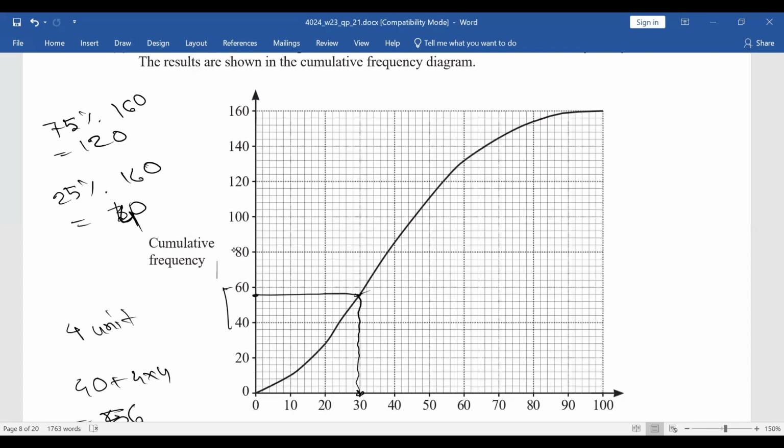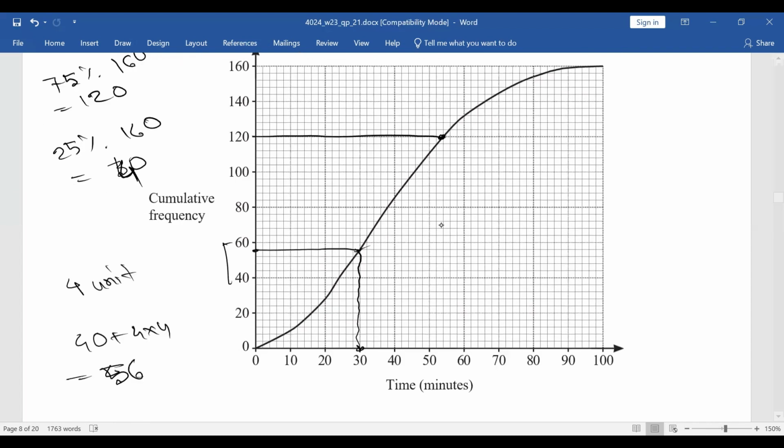We have to take the x coordinates of 120 and 40. This horizontal line from 120 intersects the curve at this point, and 40 will intersect at this point. So we have to take the x coordinate, or the time taken, for 120 and 40.